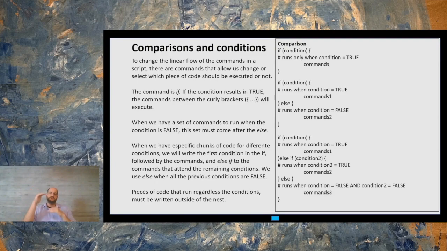And then my code will run this last piece of code in between the curly brackets. Remember that as R uses the curly brackets to identify the chunks of code, everything that you want to run regardless of your conditions, your if, else if, and else statements, you should write outside of the curly brackets.